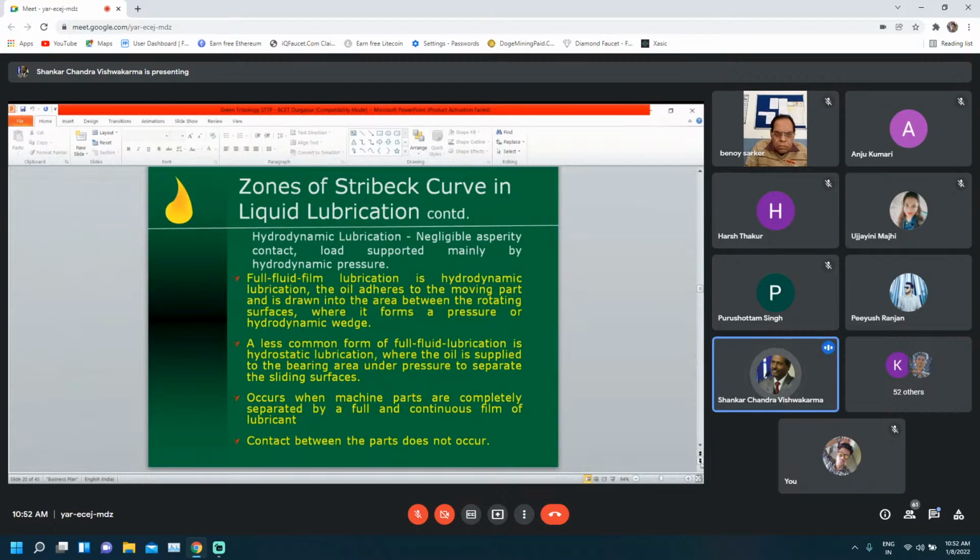So you will find in journal bearings, when a shaft is rotating in a bush, at the point of contact, or you can say where the film is wedged into the space, that wedge is called the hydrodynamic wedge. In hydrodynamic lubrication, this is the wedge where high pressure is developed in the fluid, and that takes care of the load on the pin. A less common form of full fluid lubrication is hydrostatic lubrication.